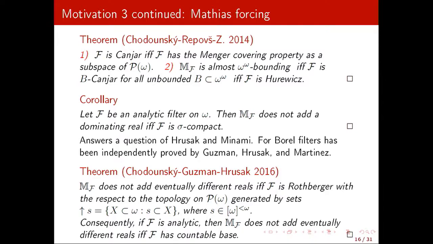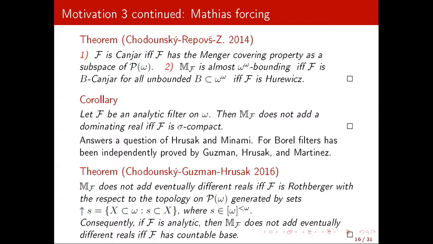As a result, actually it's lots of work using some games due to Laflamme. They proved that if F is Borel, then the Mathias forcing does not add eventually different reals if and only if F has a countable base. But in this case, the Mathias forcing is just the Cohen forcing.